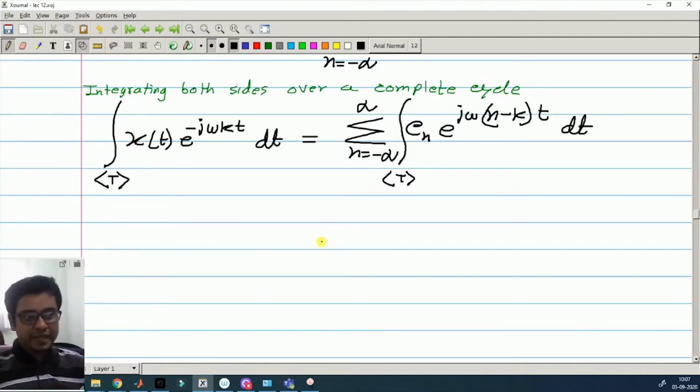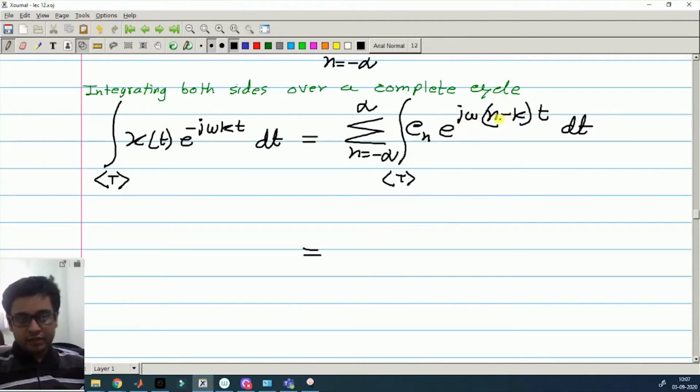Now I am telling you that among this infinite number of terms here, almost all of them will become zero and only one will survive. Which one?